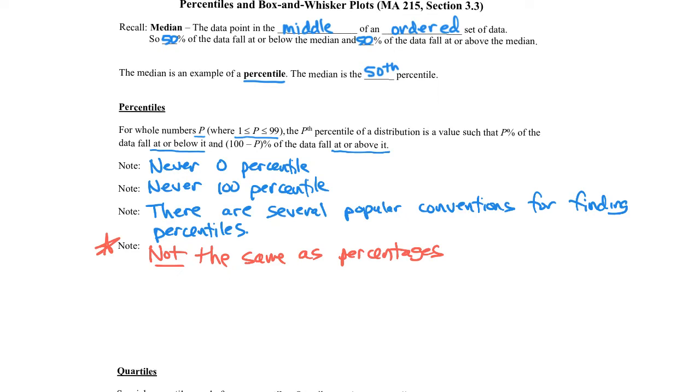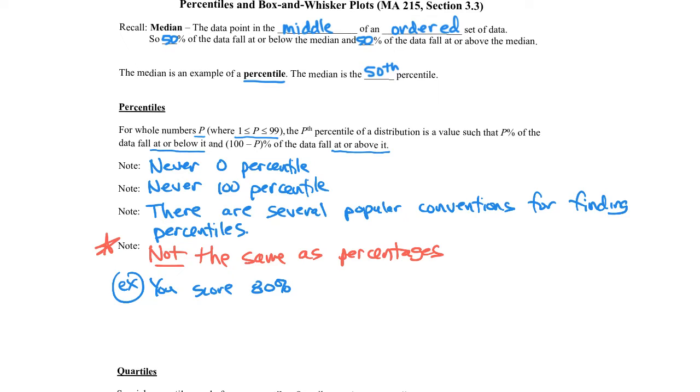So here's how they work. Let's say you score, just make a quick example here. Let's say you score 80%.